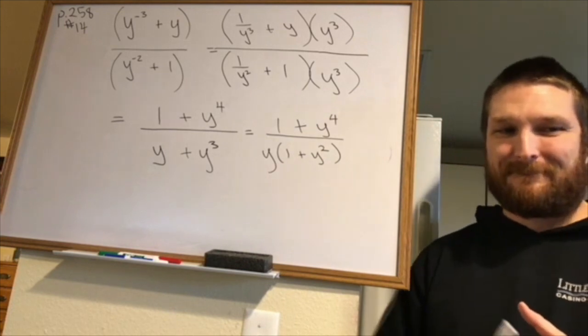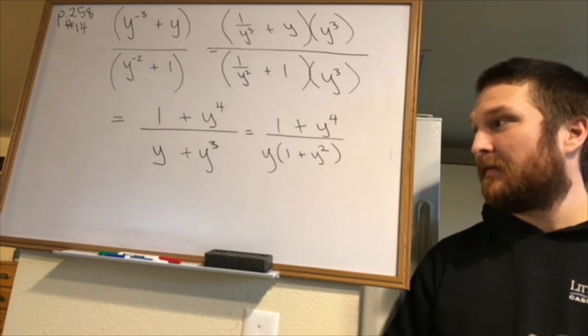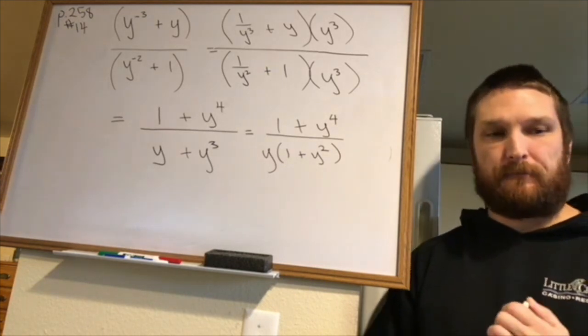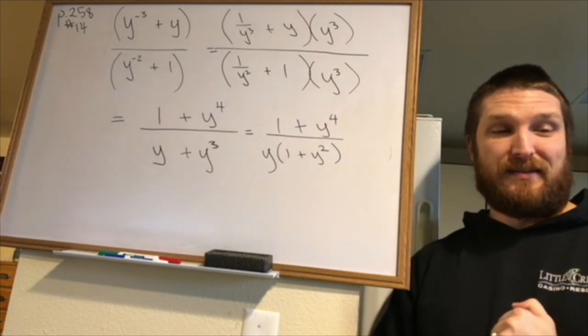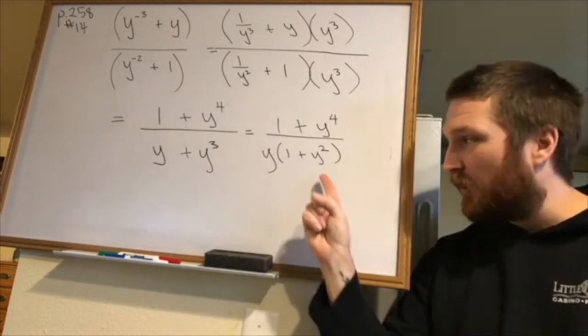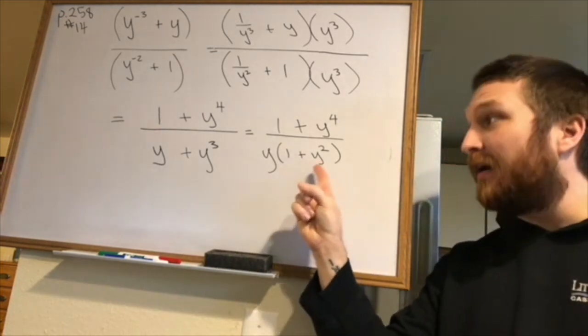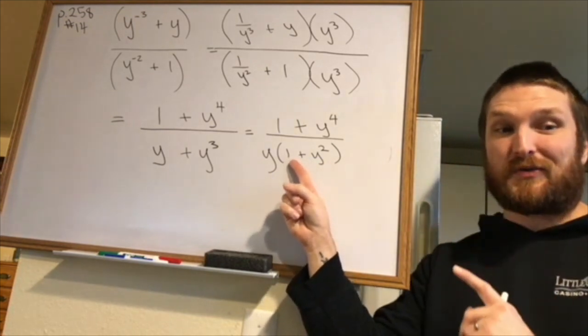No. No, I don't think so. You don't think so? I think we are, personally. The thing is, we have squares, right? Because I'm looking at that and I'm thinking, yeah, that's a square in disguise. That 1 is 1 squared.